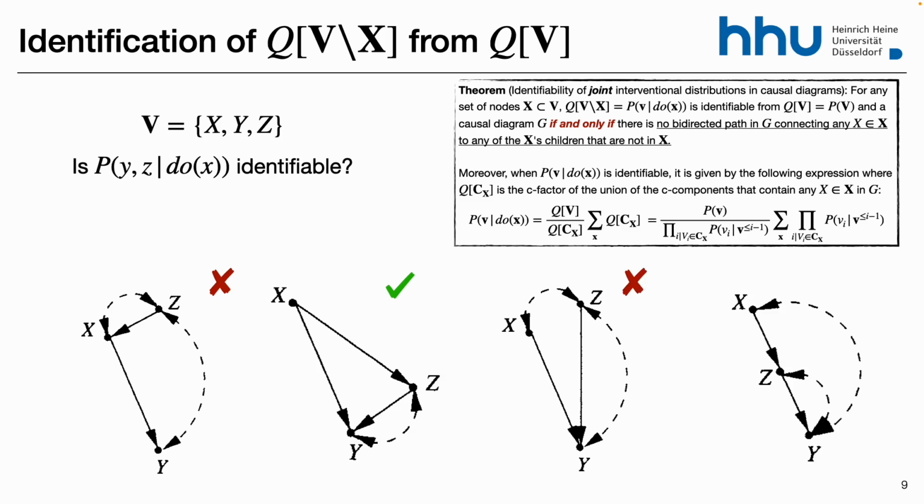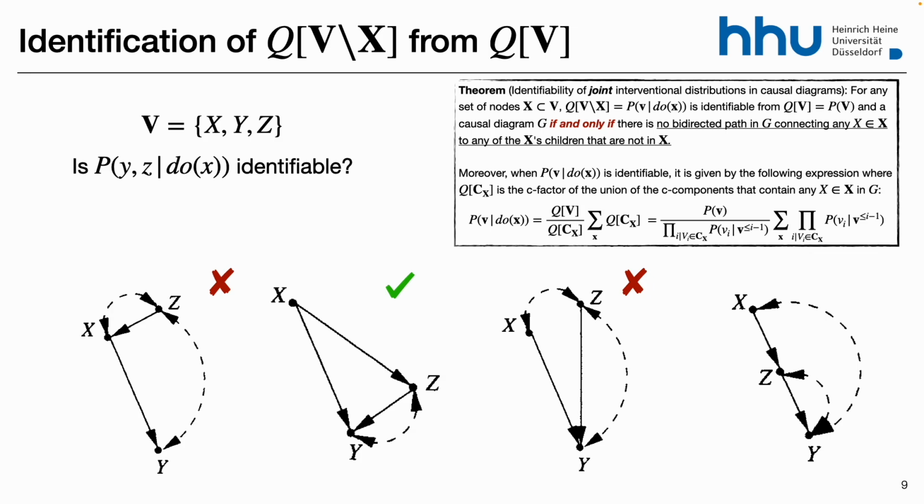And this one? Also not identifiable, because the child is just z. However, this path here connects x with z in the same C component.